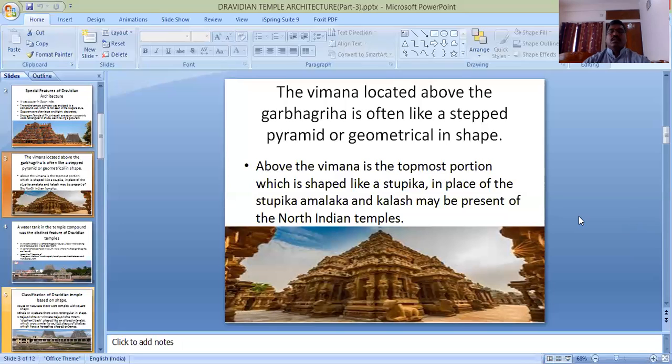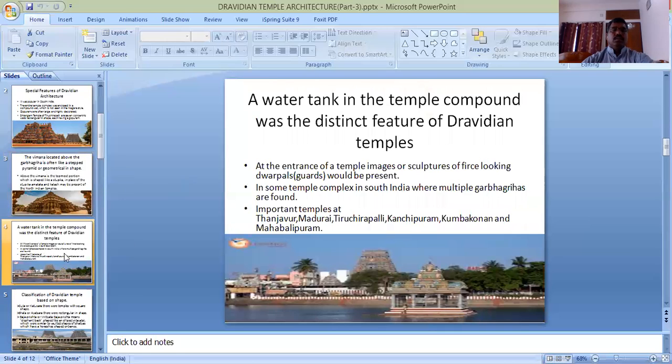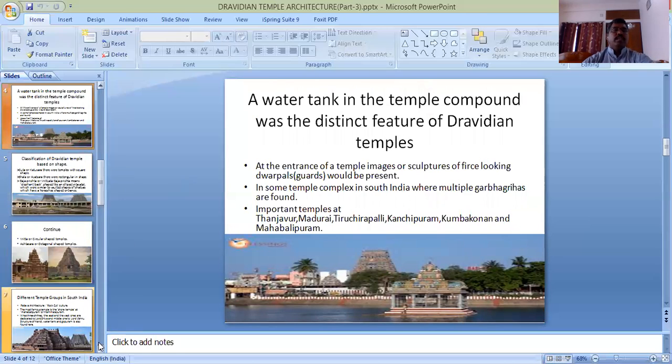So the Dravidian temple architecture is specified by the shape like a stupika, in place of the Amalaka and Kalasa which were present in the North Indian temples. These are the features related with the Dravidian temple architecture and also the South Indian temple architecture.